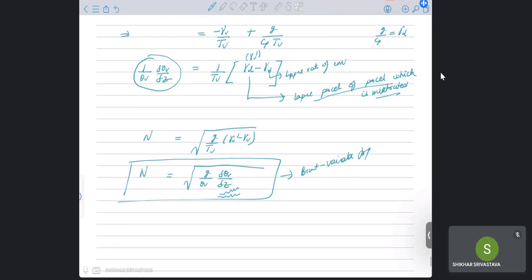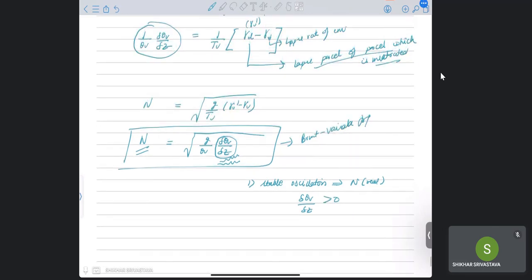So we know that for stable oscillations, you will have some frequency N which is real. In order to have a real frequency, this term will always need to be positive. So the potential temperature should increase with height for stable oscillations.